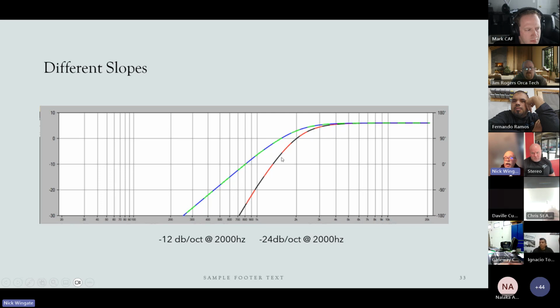So at a higher slope, you can see that it's not, because with the lower slope, even down here at 30, 35 dB down, it's at 300 hertz. And at 24 dB, it's 800 hertz.